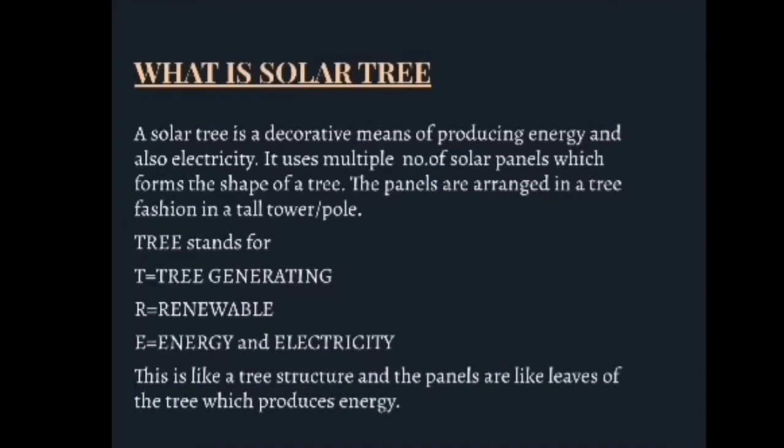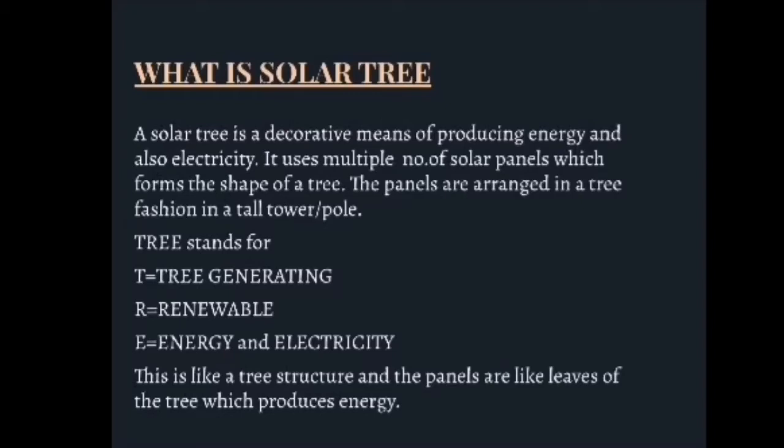What is a solar tree? A solar tree is a decorative means of producing energy and also electricity. It uses multiple solar panels which form the shape of a tree. The panels are arranged in a tree fashion on a tall tower. TREE stands for T, tree generating, R, renewable, E, energy and electricity.